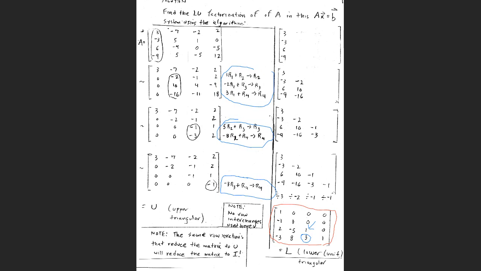And that's why I'm saying the same row operations that reduce the matrix A to the matrix U will reduce the matrix L to the identity matrix. And so that's why this algorithm works. Okay, are there any questions on that?